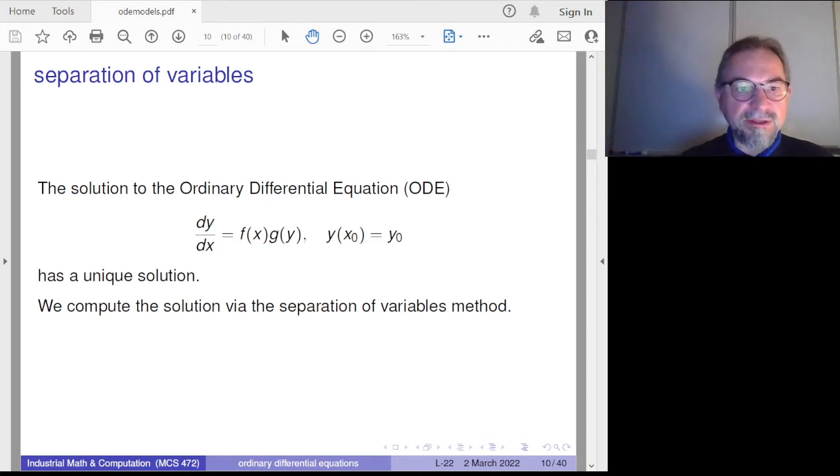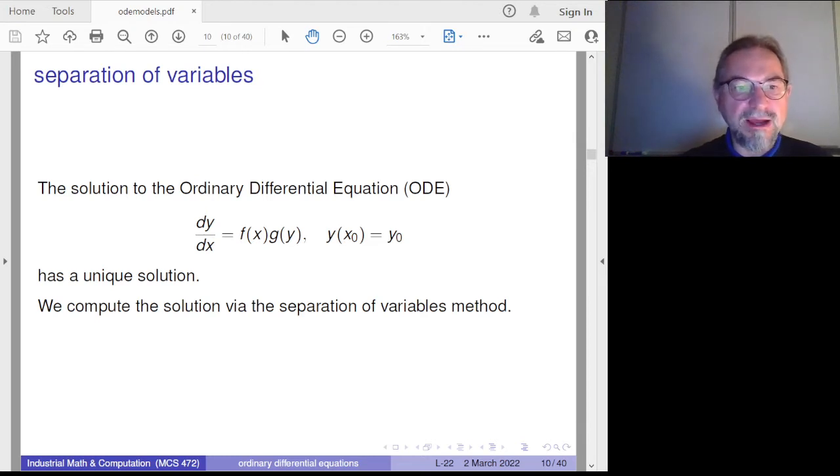So provided that we actually have uniqueness, so we have a first order differential equation, so only a first derivative at the left here. This first order differential equation is fully specified if we give it an initial condition. So we have for some x naught, we have a value y naught.